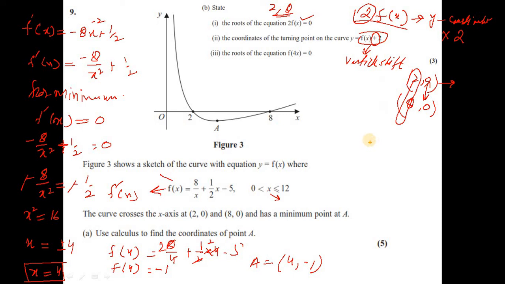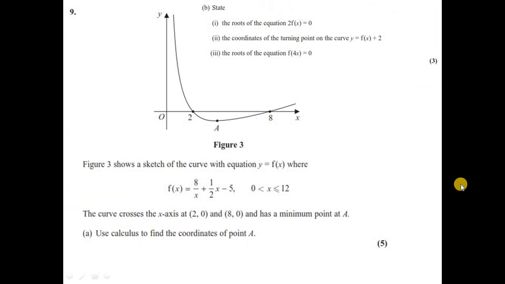Meaning if you have f of x plus c, that means c units up. Or if you have f of x minus c, the whole curve will shift, without changing any coordinate, the original shape will shift c units down. So they are saying f of x plus 2.